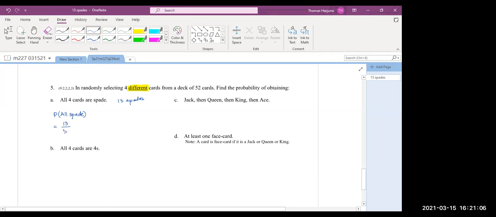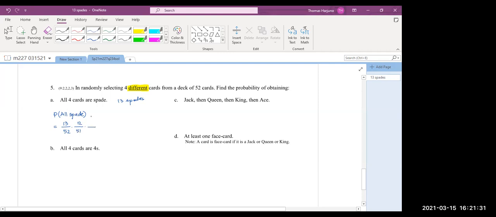That's the probability to get the first spade, right? Now you put that spade aside. What is the probability you get a spade again? How many spades do you have left now? 12. Out of? 51. One less card. That's right.